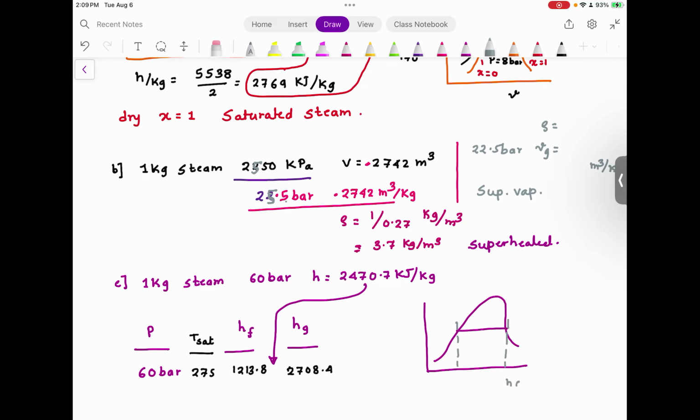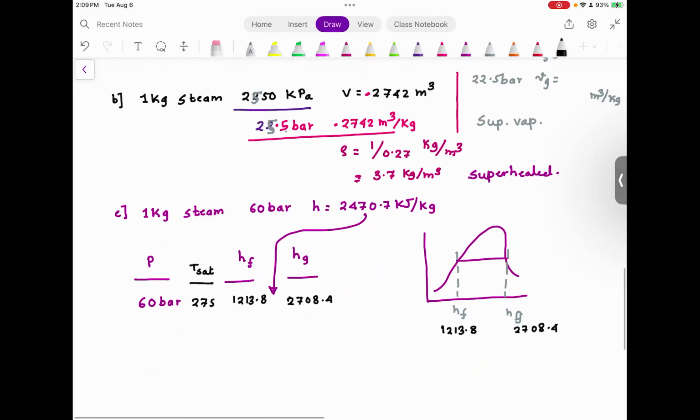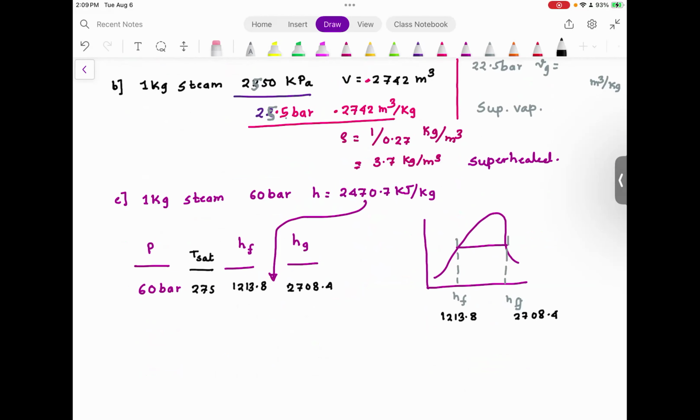This is Hg, this is Hf. This is 1213.8, 2708.4. So which means you are somewhere over here. Are you with me so far?